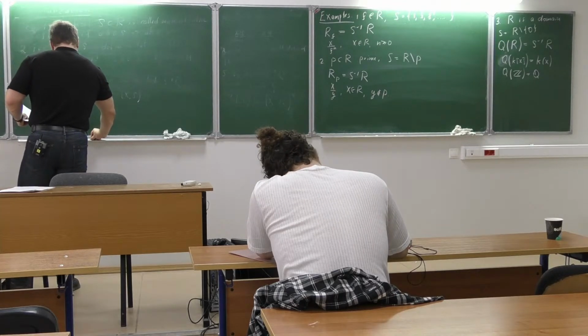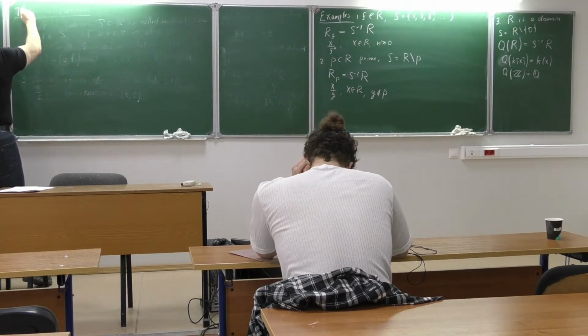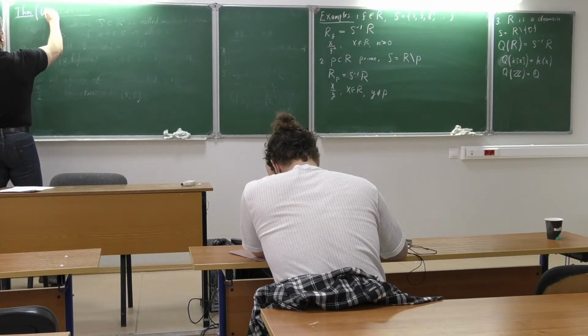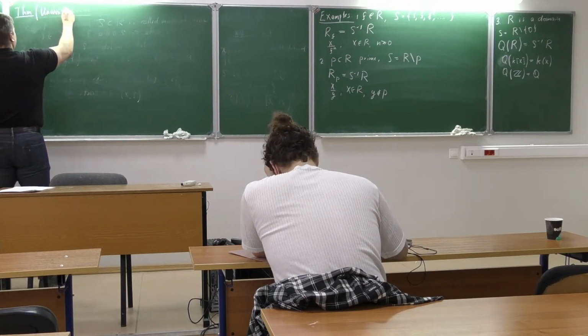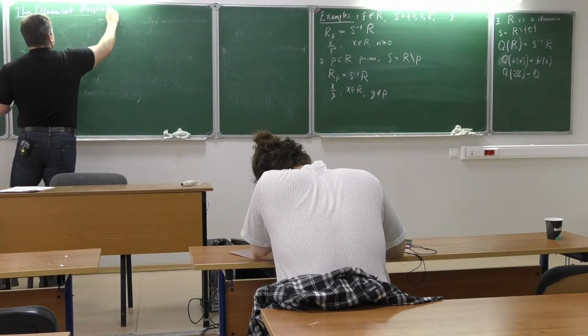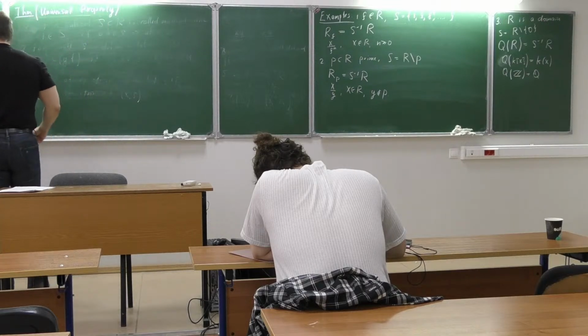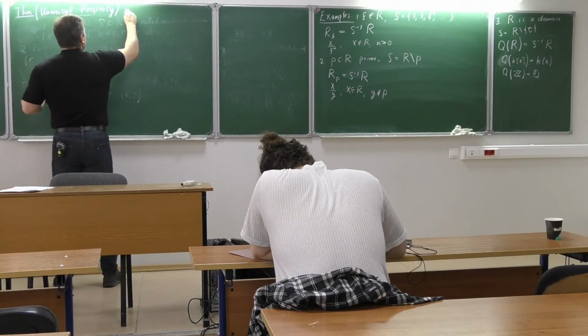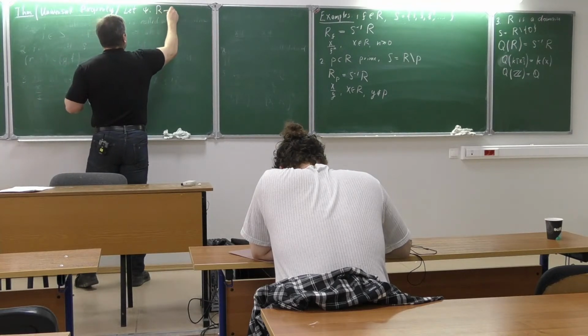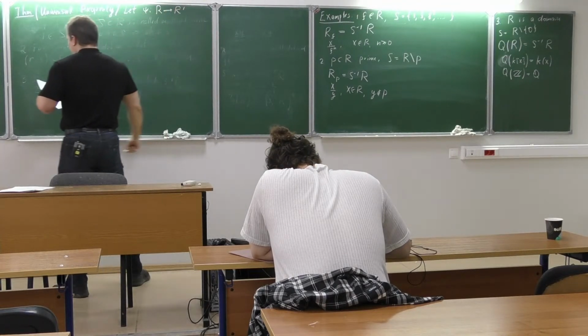Okay, so the first theorem about localizations is the following: the universal property of the localization. Let psi be a ring map between two rings, R and R prime.